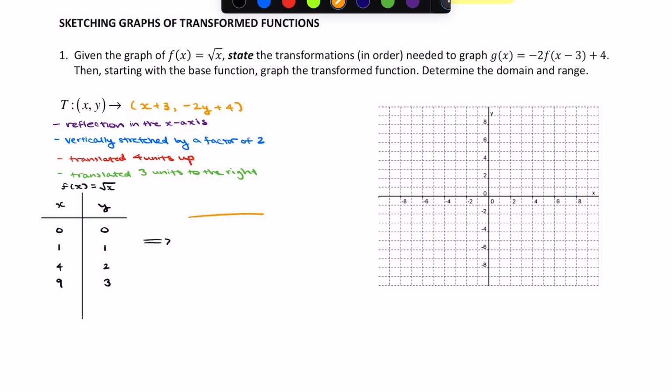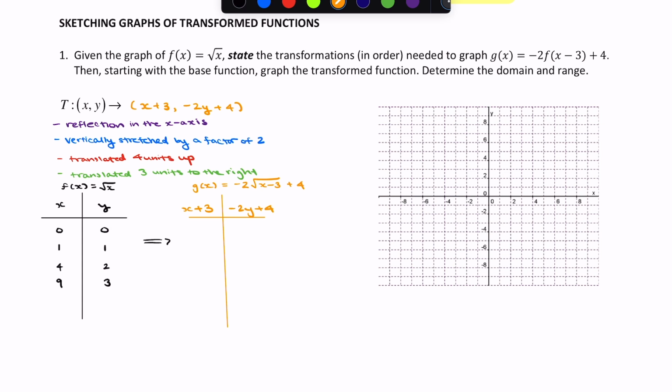Then our transformed function is g of x equals negative 2 square root of (x minus 3) plus 4, so we have x plus 3 and negative 2y plus 4.